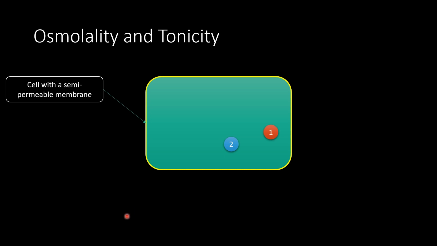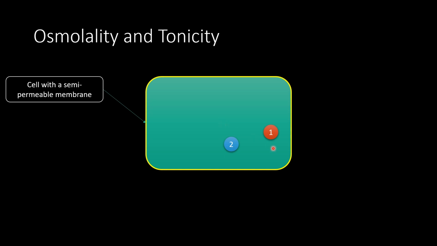That means if solute 1 concentration inside the cell increases, and the same solute concentration outside the cell is less than that inside, there is a higher concentration of solute inside the cell. So what will happen? It will lead to increased osmolality inside the cell. That means water will move from outside the cell to inside the cell.